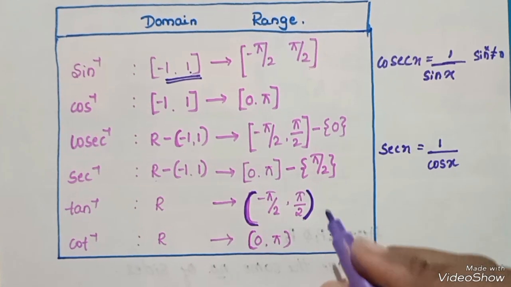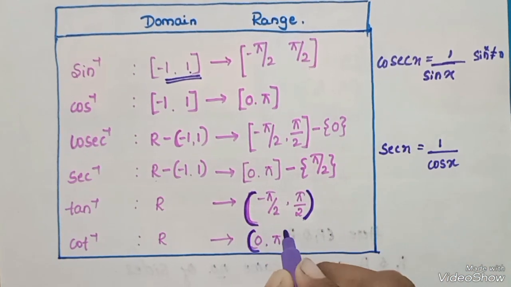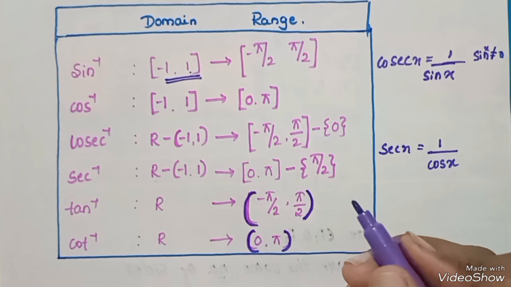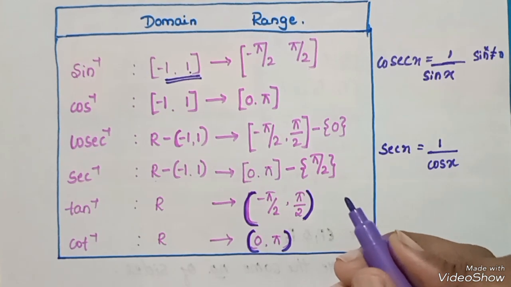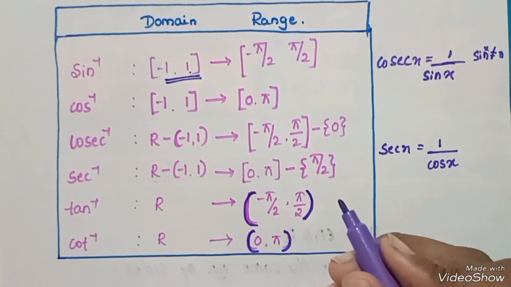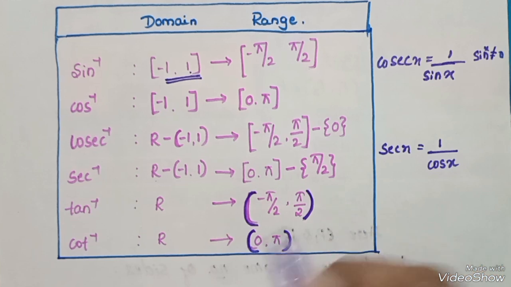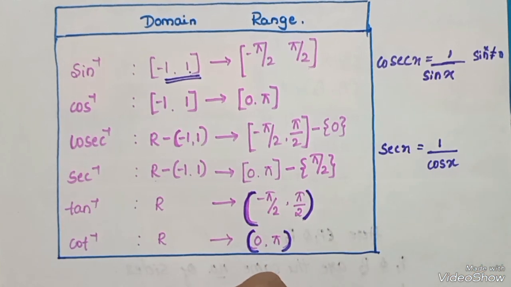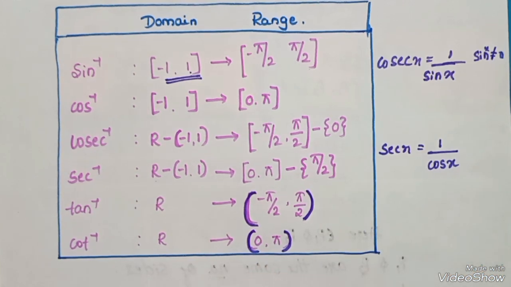For the tan function as well as the cot function, the values are indicated in open interval. Okay, these are the domain and ranges. On this table we expect one multiple choice question for 1 mark.